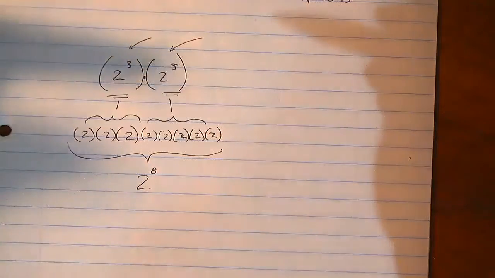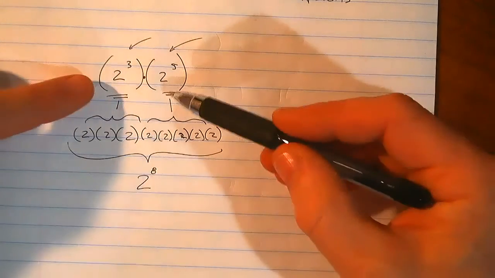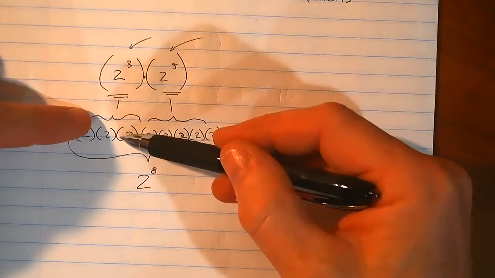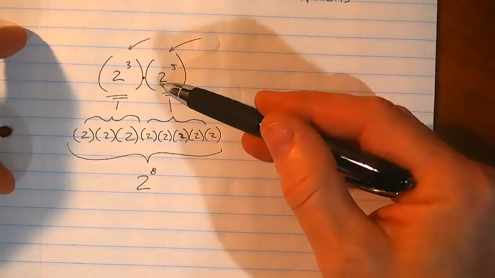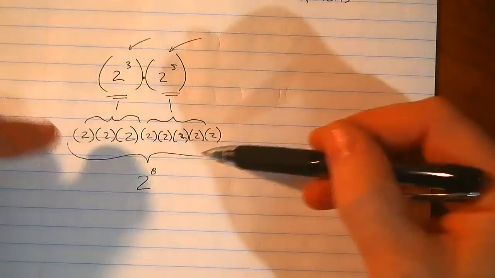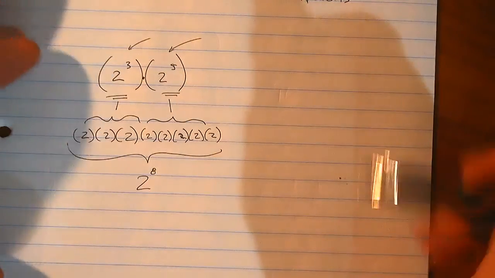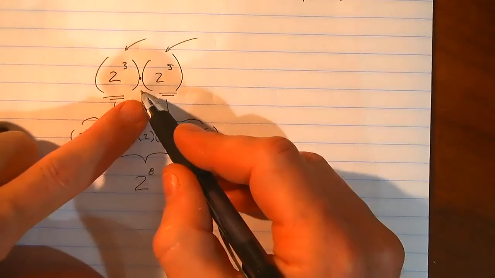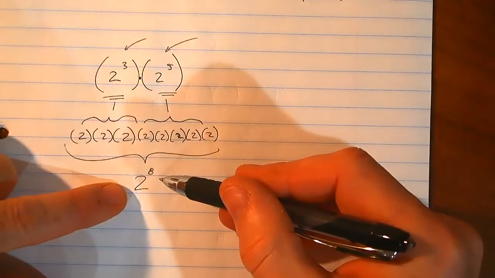But of course, there's something that we need to realize. The reason I can add the exponents is because both of my bases were 2's. This gave me 3 2's. This gave me 5 2's. If this was not a 2, then I wouldn't be able to use my exponents at all. That wouldn't work. So what we have is a scenario. If our bases match and the powers are being multiplied, then we can add the exponents.